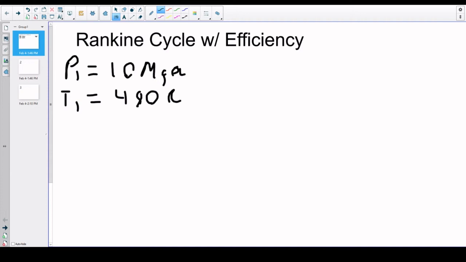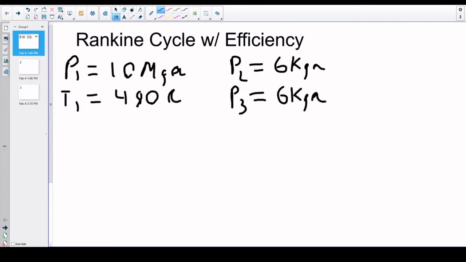So we have pressure 1, 10 megapascals, temperature 1, 480 degrees Celsius, and then we have pressure 2, 6 kilopascals, pressure 3, also at 6 kilopascals, and we also have pressure 4 at pressure 1's pressure, which is 10 megapascals.